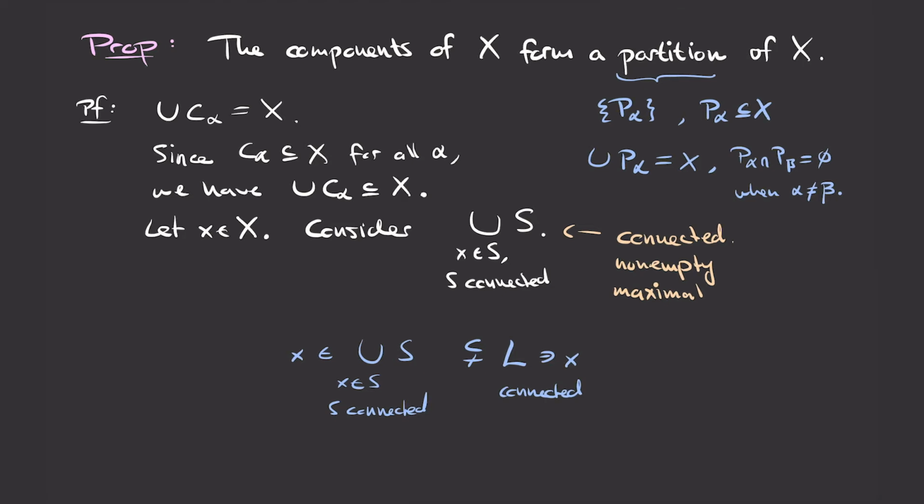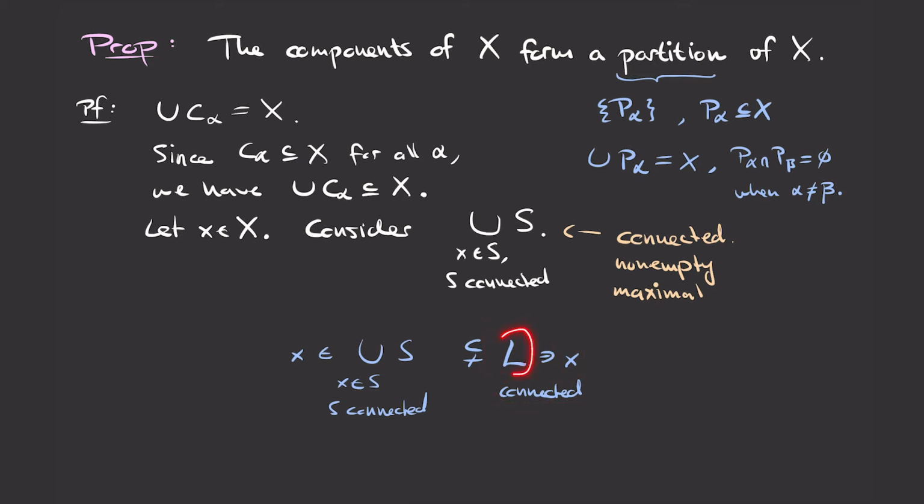So maybe to give that argument again, we assume that this union is not maximal. This would mean that there exists some connected set L which is strictly larger than the union. However, because X is contained in this union by assumption, and this union is a subset of L, it means that X has to also be contained in L, which by assumption is connected.